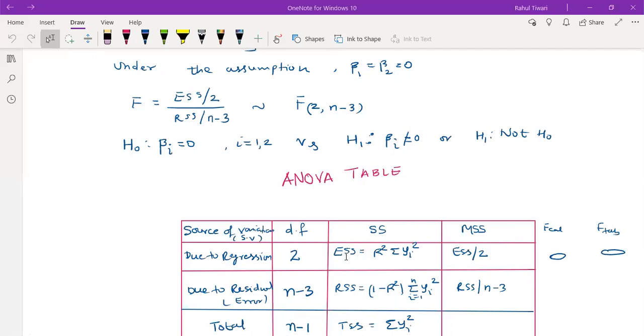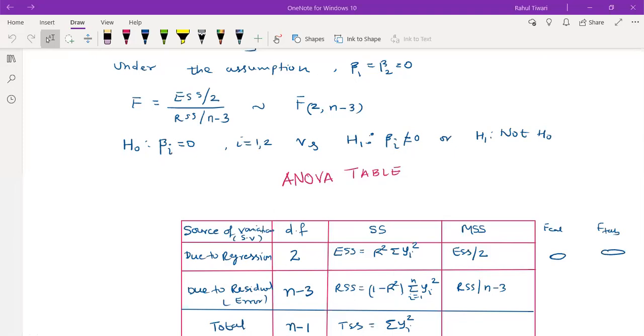This is all you have seen in the simple linear regression model. There was only one regression coefficient, that is your beta 1. But here we have more than one. That is the only difference. So you have already studied, what it means. Significance, yes, significance of what? Right, parameters. So you are testing both beta naught and beta 1.